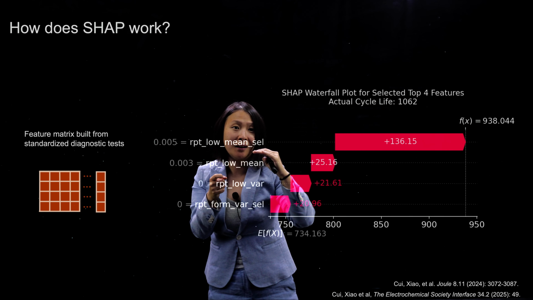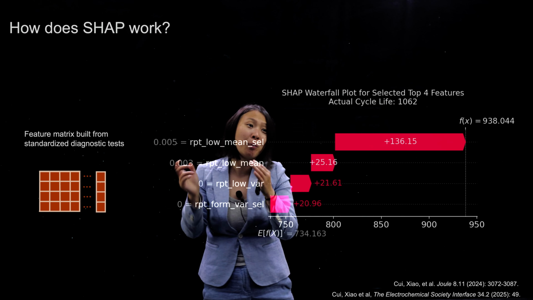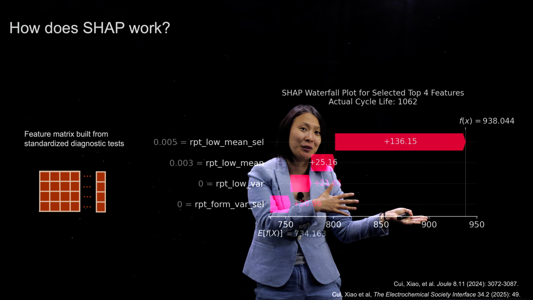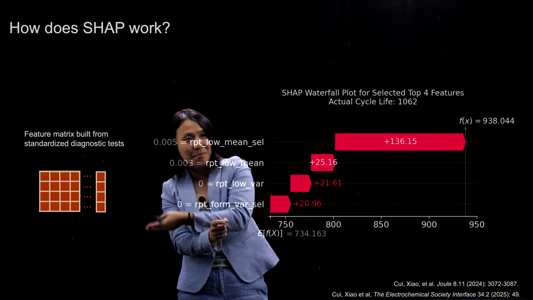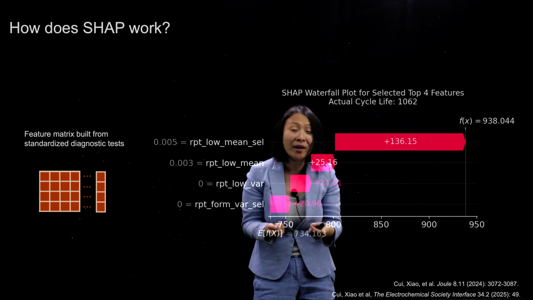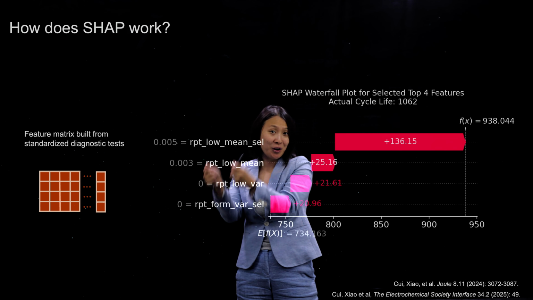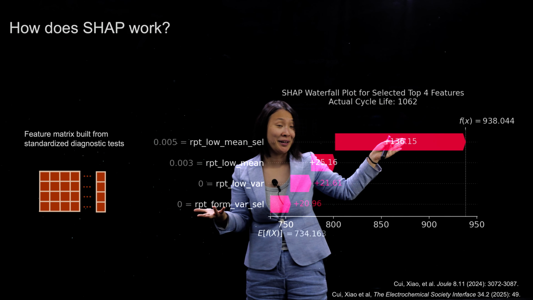Similarly, you see the next few features also positively impact the prediction outcome. And you can imagine some features may also negatively impact the prediction outcome. So SHAP analysis allows us to quantify the individual contributions to the predictive outcome in this way.